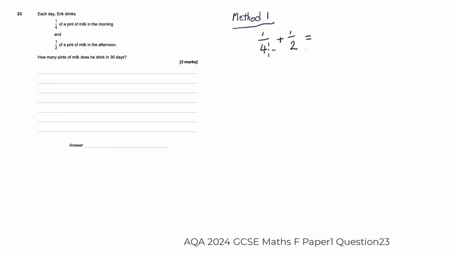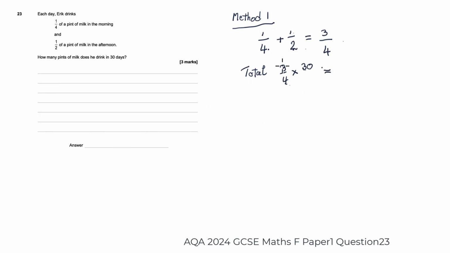Now, what's 1/4 plus 1/2? Well, that's 1/4 plus a couple of quarters. That's 3/4. 1/4 plus 1/2 is 3/4. So one day, 3/4. So the total amount of milk that is drunk in 30 days would be 3/4 times 30. So how do you work this out?